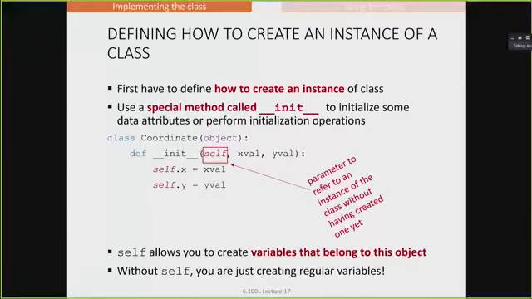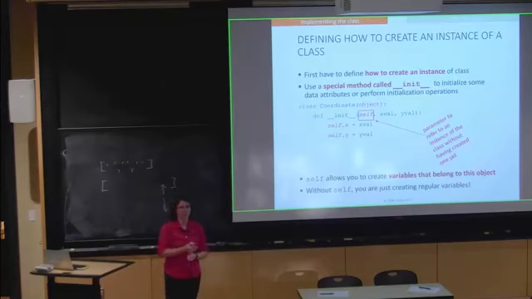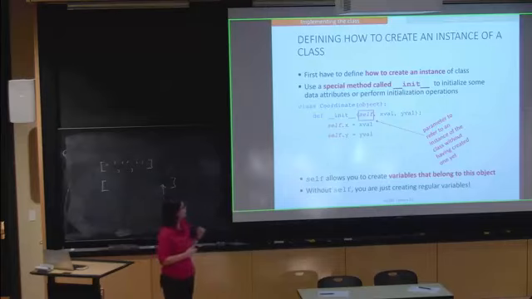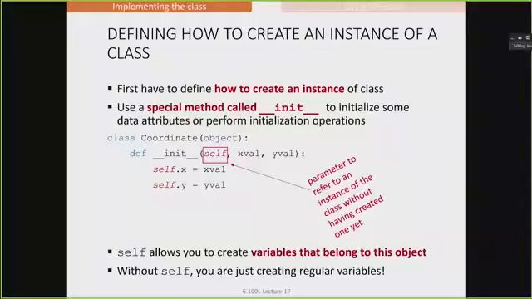This is not the only time I'll explain self. I'll explain it throughout this lecture. But the basic idea of self is that it's always going to be the first parameter of a method, a function that only works with an object of this class, of this type. The reason we have it here is that all we're doing is telling Python that we'd like to create this object type.